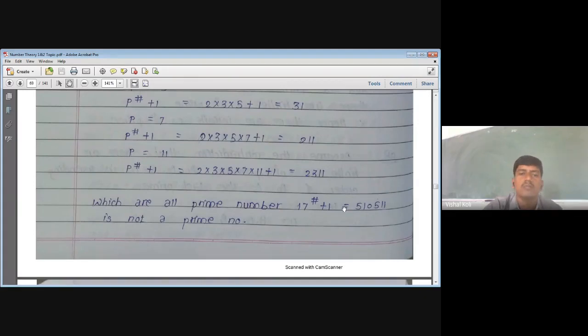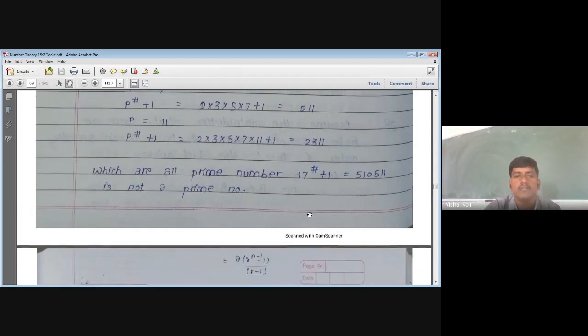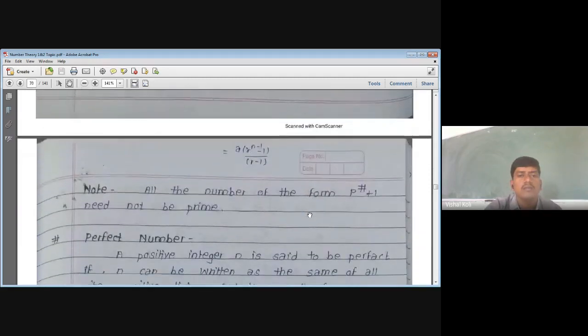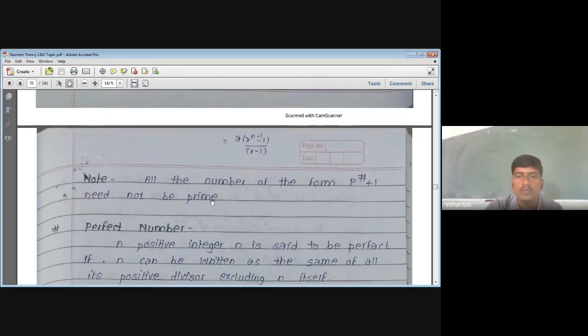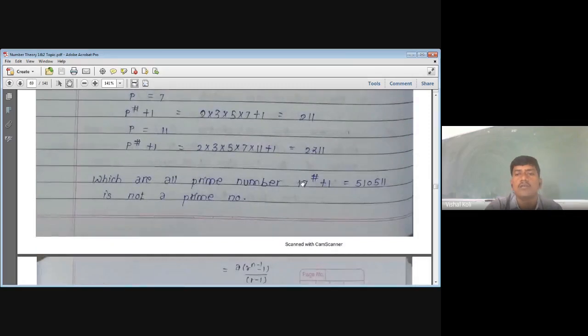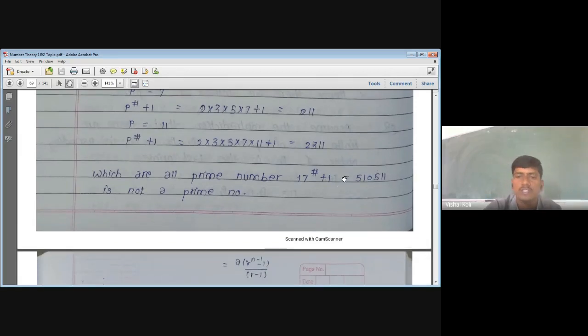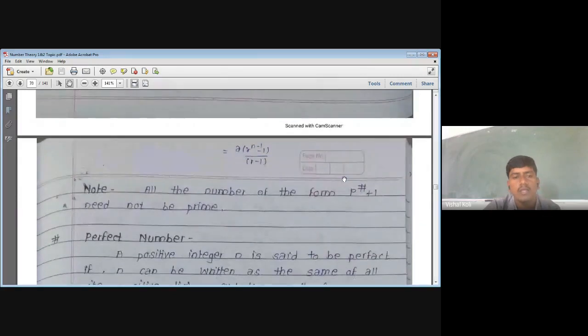Therefore, this is not a prime number. So there is one note: all the numbers of the form p hash plus 1 need not be prime, since 17 hash plus 1, that is the Euclidean number 510511, is not a prime number.